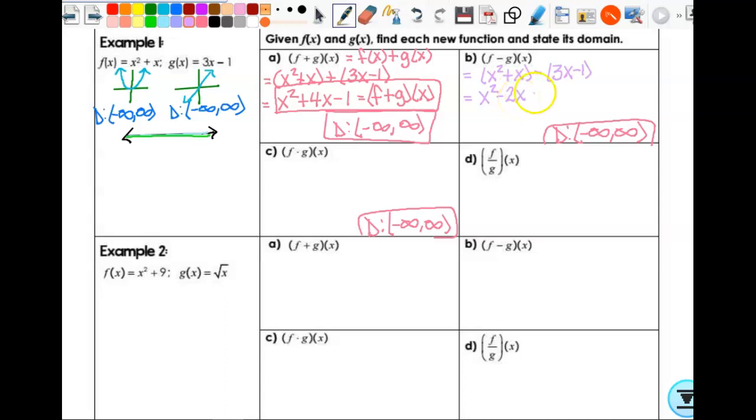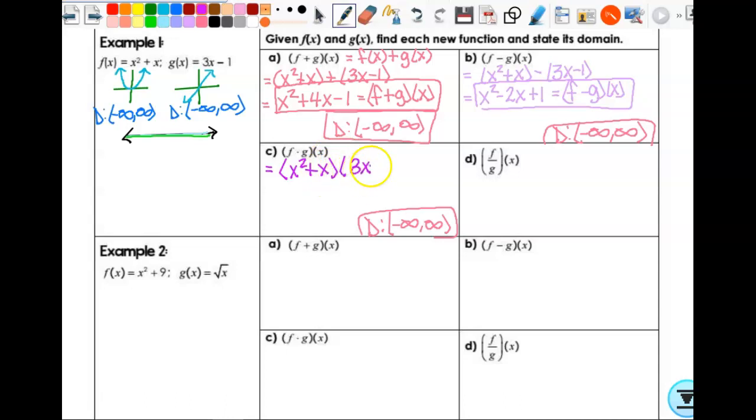And then minus a negative 1 is plus 1. That is f minus g of x. And I already have the domain. Okay. Any questions?